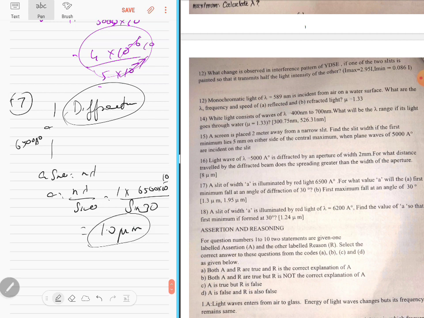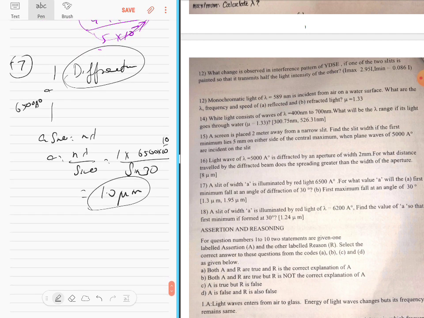And the first maximum falls at an angle of 30 degrees. For the maxima in diffraction, the formula is A sin theta equal to (2n plus 1) by 2 into lambda, so it's an odd number.